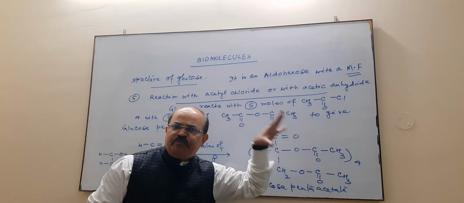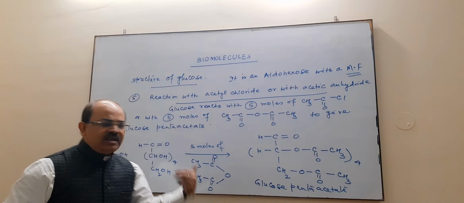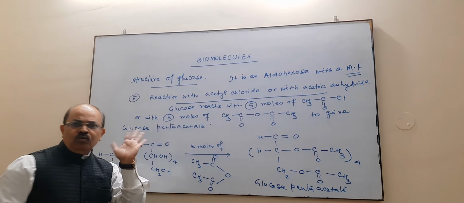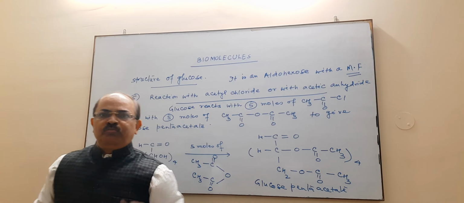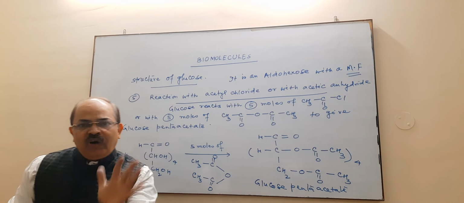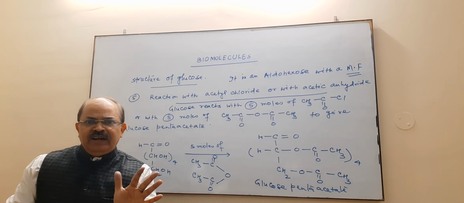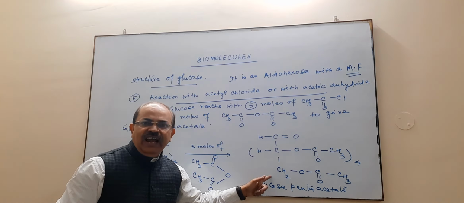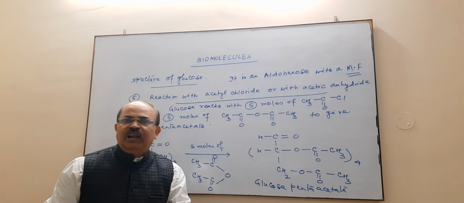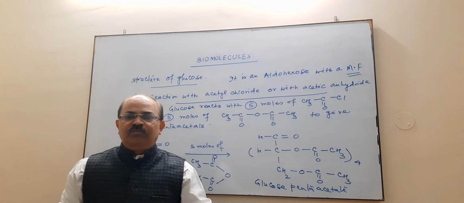तो पेंटा एसीटेट बनने का मतलब ये हुआ कि आपका जो ग्लूकोज है ना, उस ग्लूकोज में there are 5 OH groups, and all these 5 OH groups are present on 5 different carbons, because it is a stable compound.